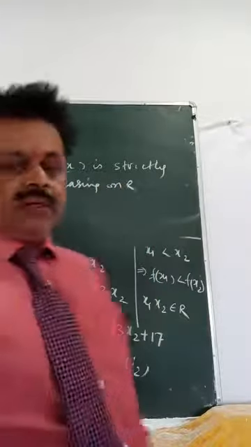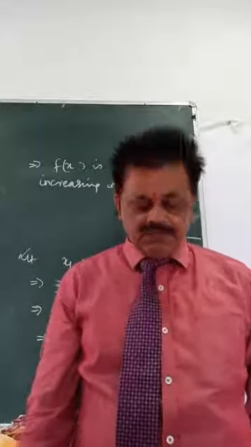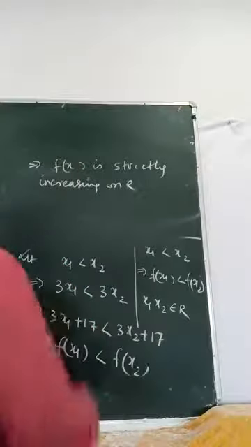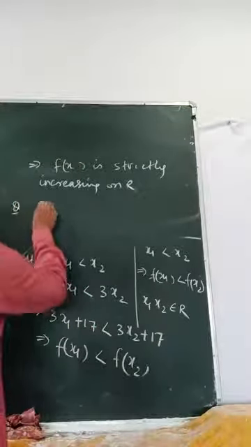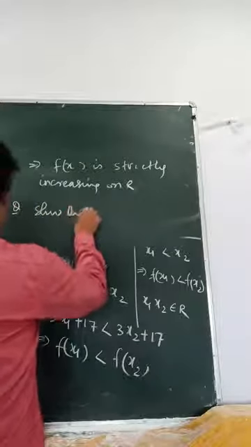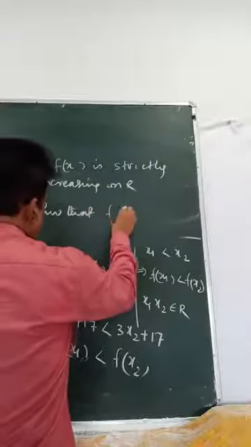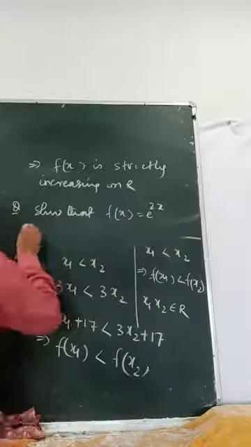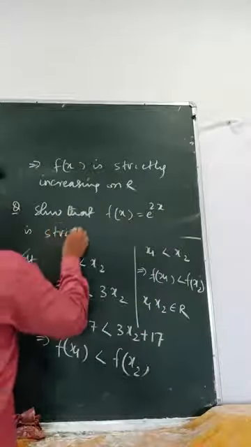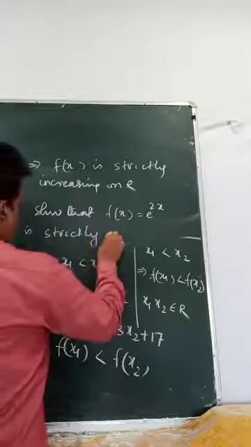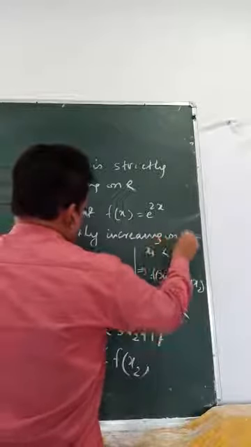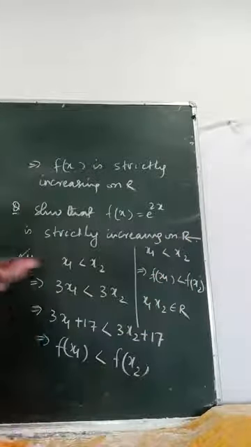Okay. Now let's take one more question. The function e to the power x is also strictly increasing. Show that f(x) equals e to the power 2x is strictly increasing on R, meaning on the set of real numbers.